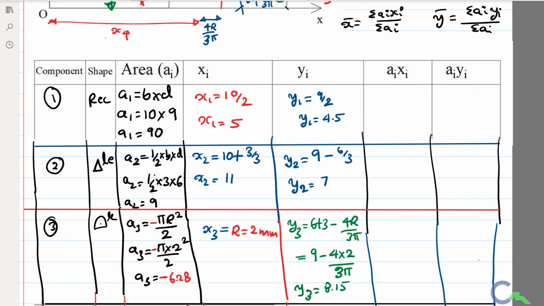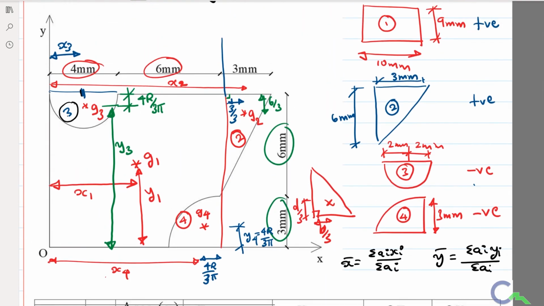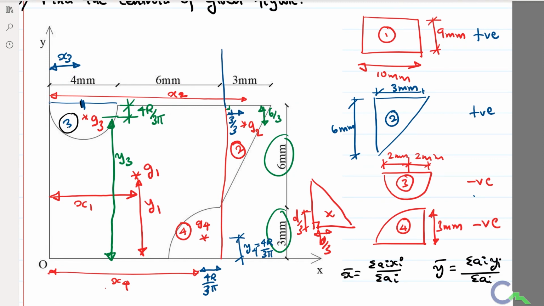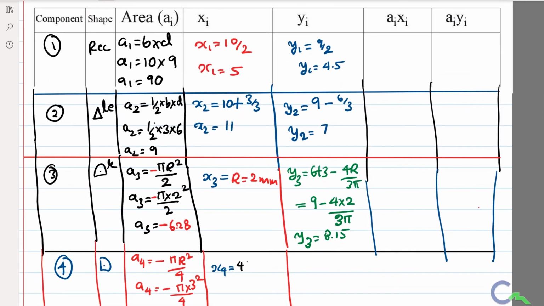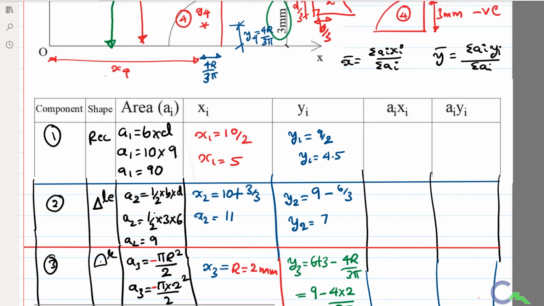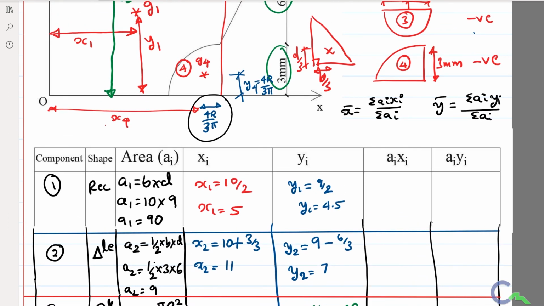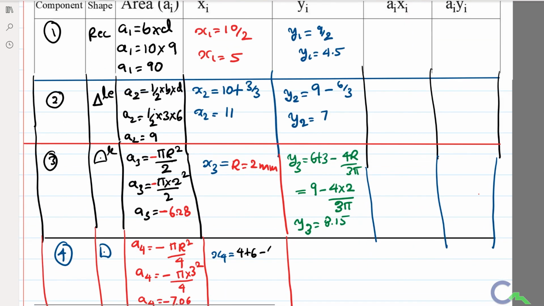x4 is equal to the total distance, that is 10 mm, 4 plus 6 mm. From that I have to deduct 4r by 3 pi.